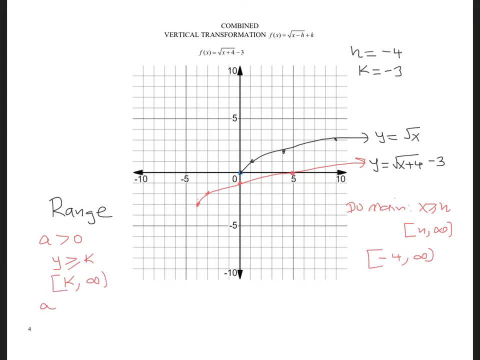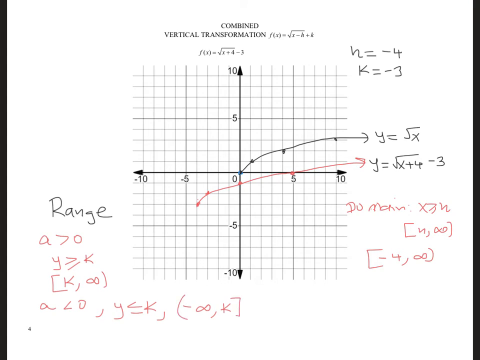However, when A is less than 0, the graph is reflected over the x-axis. So the range becomes y is less than k, or we can write y from negative infinity to k.